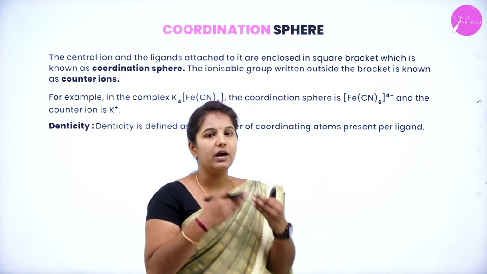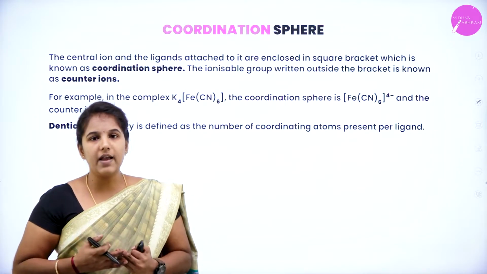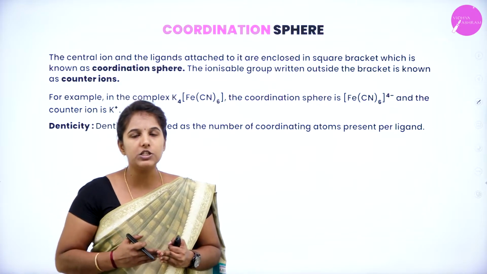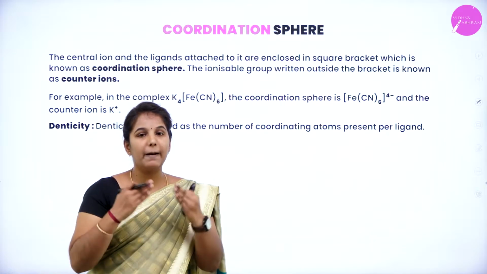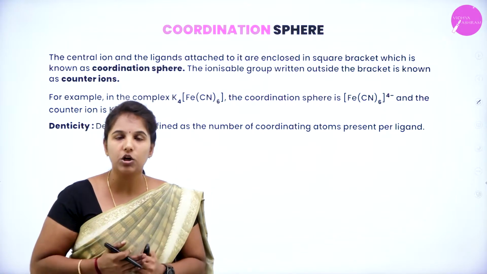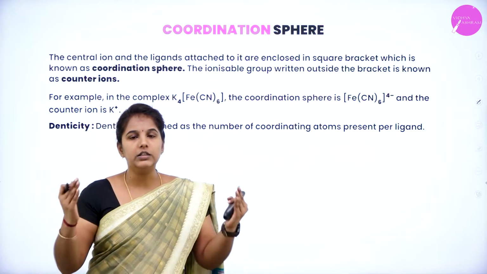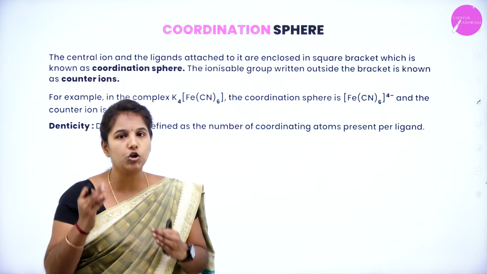So let us see what a coordination sphere is. Already we have understood that the coordination sphere is a bracket used to represent the coordination complex, or you can say it is a sphere used to represent the complex.